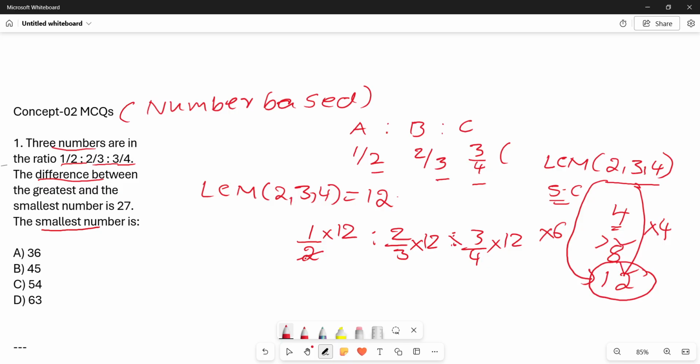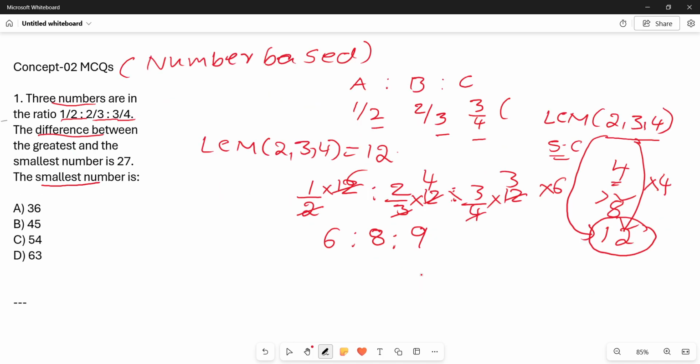Then cancel: how many times? 6 times. So 6 is to 3 how many times? 4 times, 4 2s are 8. 4 3s are 12, 3 3s are 9. So 6 is to 8 is to 9 is the final ratio.